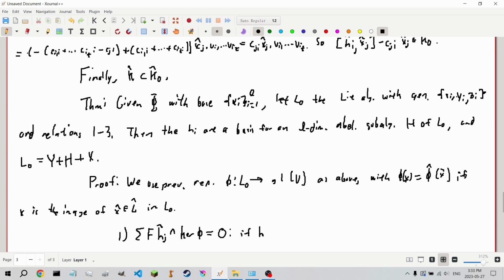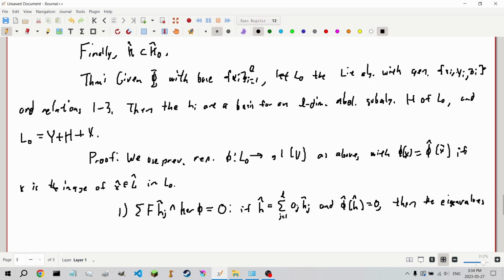If h hat is the sum from 1 to l of a_j h hat of j, and phi hat of h hat equals 0, then the eigenvalues of the minus sum over j of a_j c_ij of phi hat of h hat are all 0.